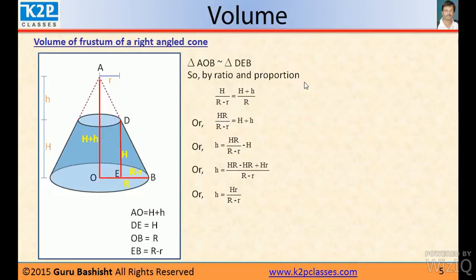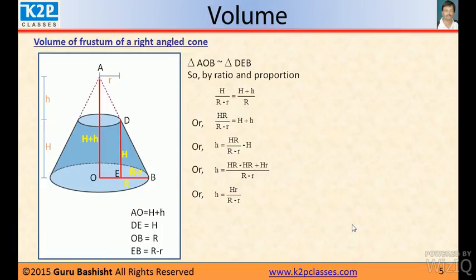So by ratio and proportion, the perpendicular of the smaller triangle by the base of the smaller triangle equals the perpendicular of the bigger triangle by the base of the bigger triangle. So H by R minus r equals h plus H by R, and by simplifying we can find out the value of h.